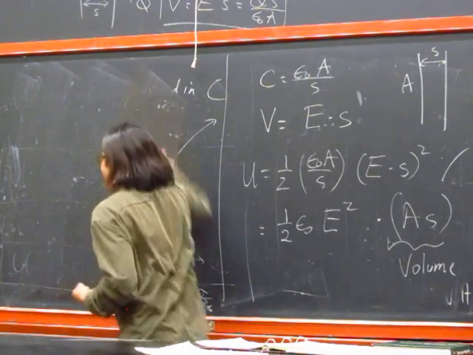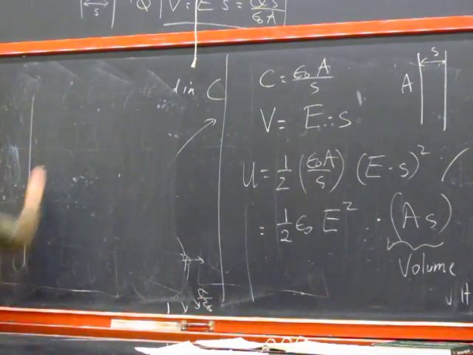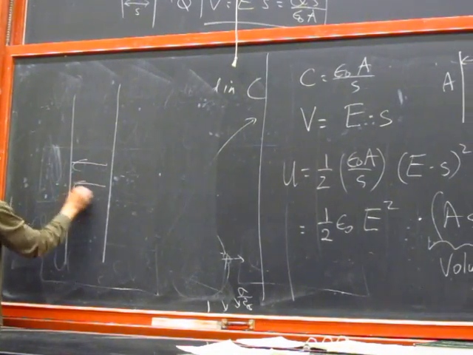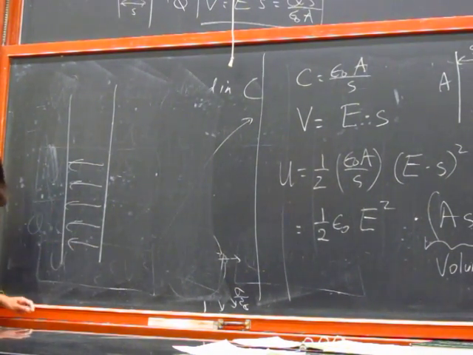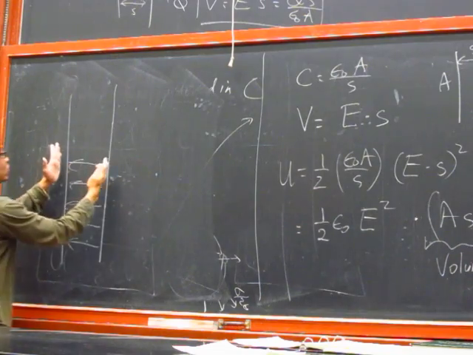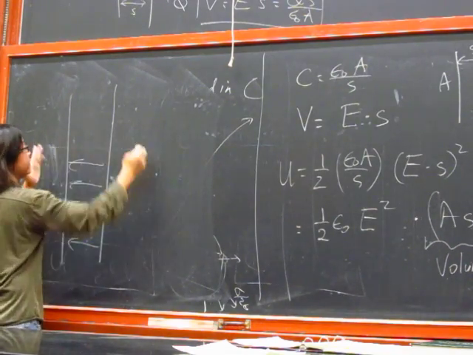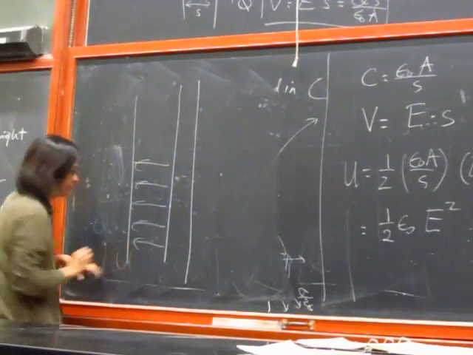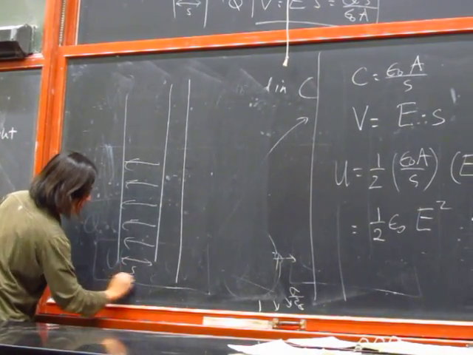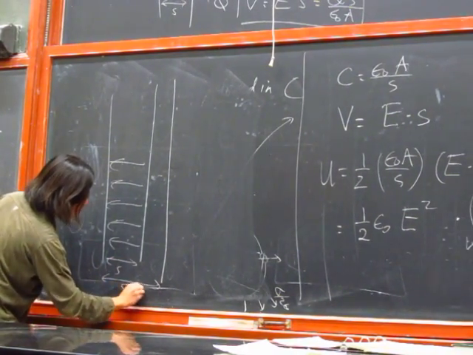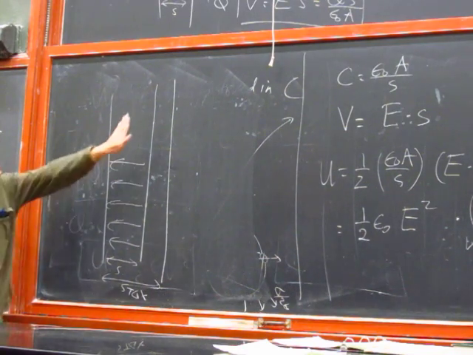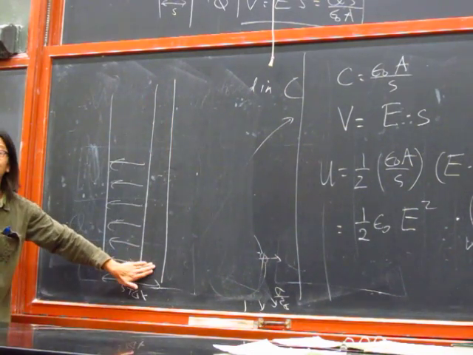You guys see what I mean? If I have these parallel plates, right, there is already E squared times A, right? And I do work on it to separate the capacitor further apart, so now the separation is S plus delta S, right? So I'm adding an extra volume here, right?